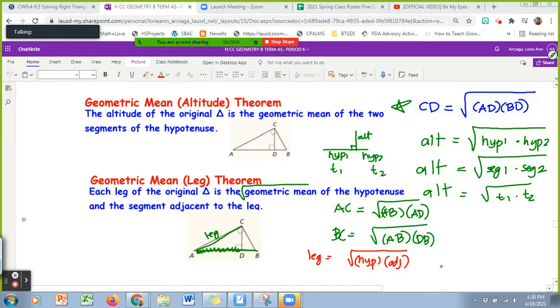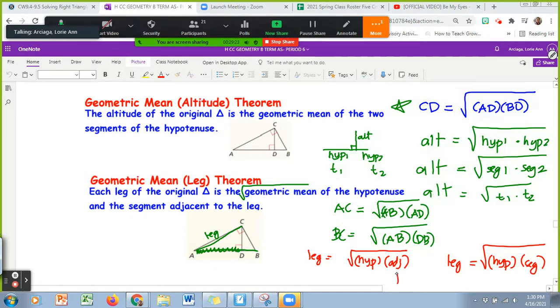Yep. Somebody wrote it as leg is equal to square root of hypotenuse times seg. So hypotenuse is the whole thing, and then segment is the portion next to it.